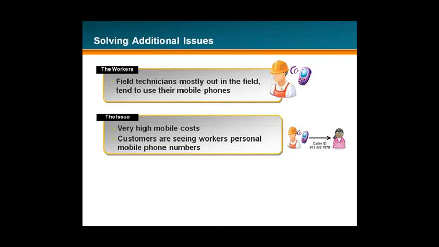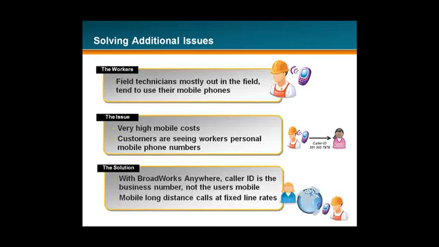Additionally, when the workers make a call to a customer, the caller ID that shows up will be the number of the worker's personal mobile phone, not the business. Mr. Smith is also very unhappy with this as well. However, Mr. Smith has discovered that by using Broadworks Anywhere 2-stage dialing, he can solve his problems.